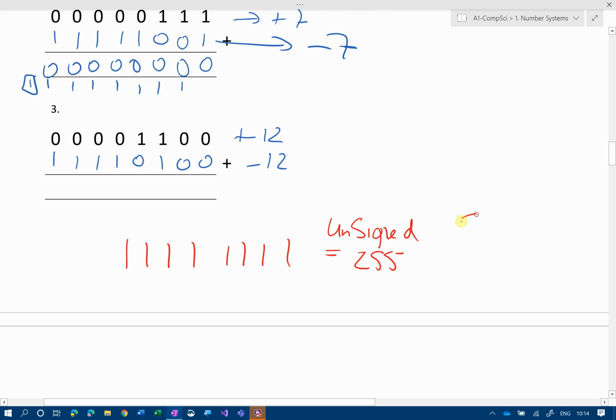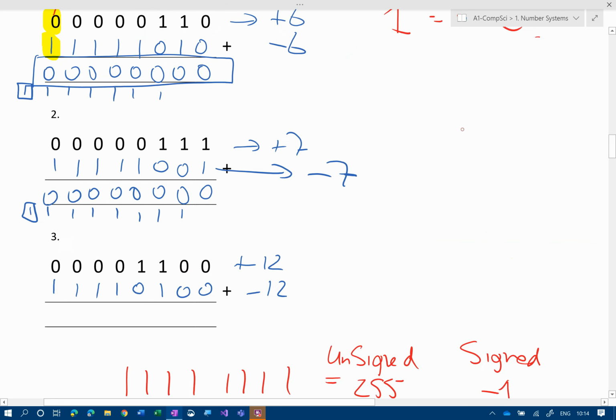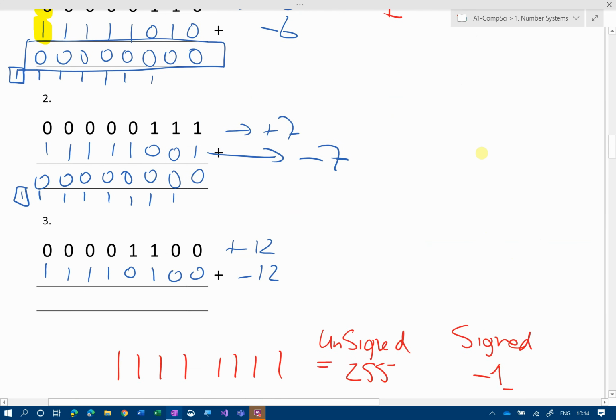But if it's signed, it's no longer that, it's equal to -1. I'll explain how we can actually work that out in a minute.